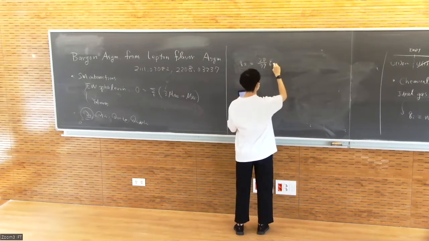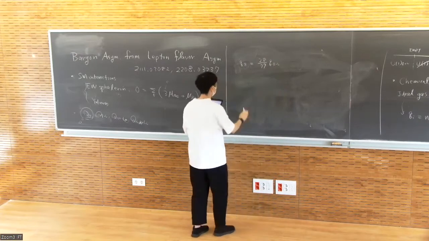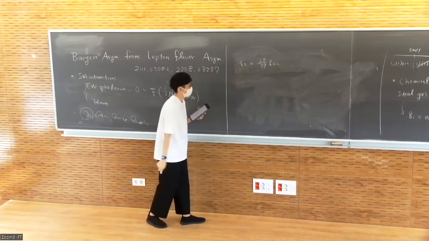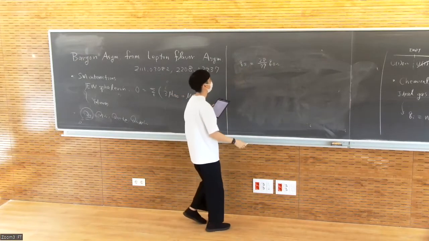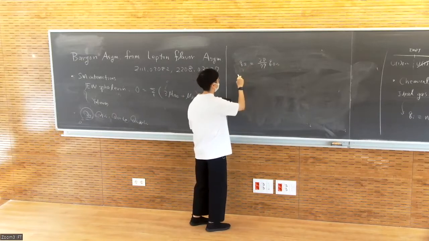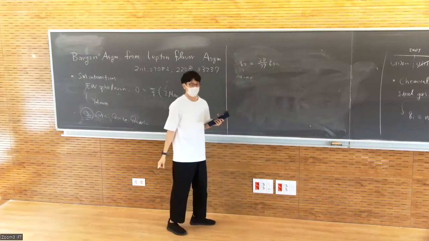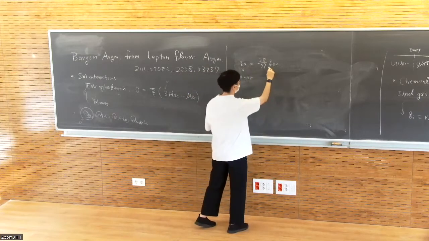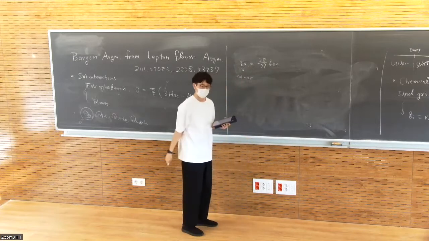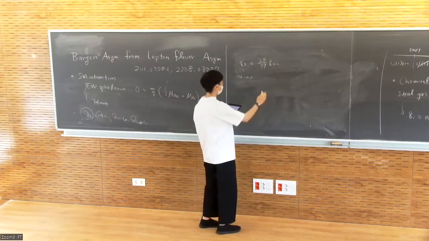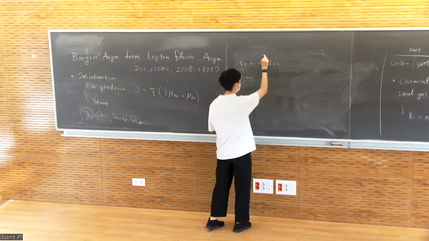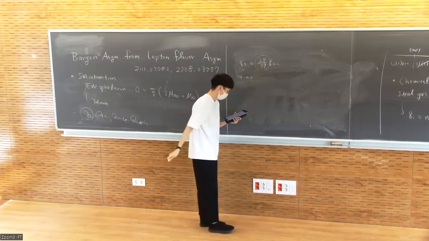So small q_B is the asymmetry defined by the number density of baryon minus anti-baryon, and the same way for the Q_B itself. So this means that if you have primordial lepton asymmetry before the electroweak condition occurs, then you can generate the baryon asymmetry with this conversion factor. Probably all of you know that.